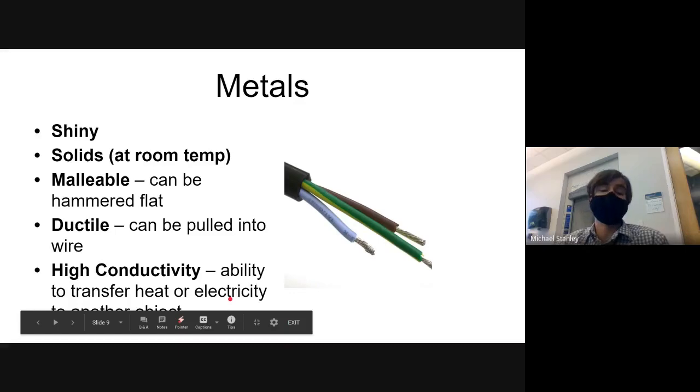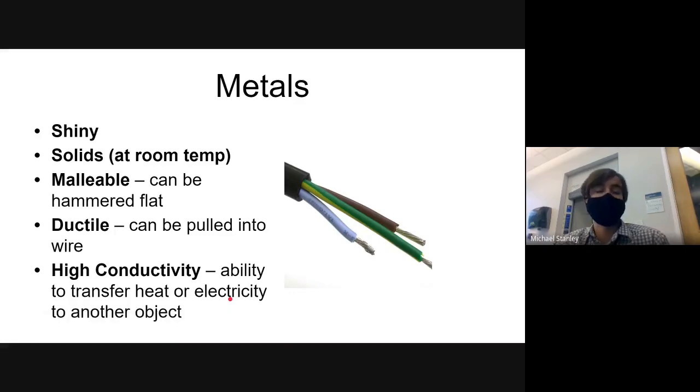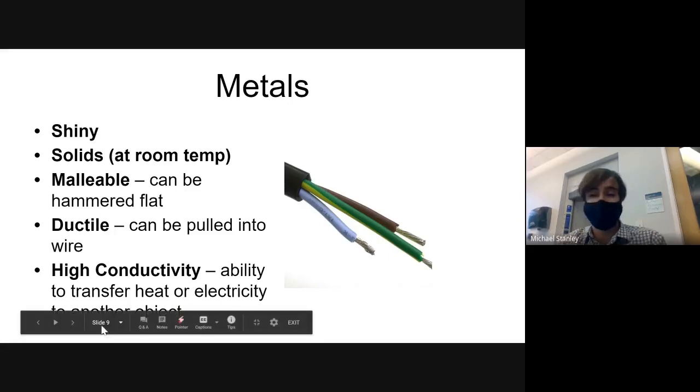Same thing with electricity. It's very easy for electricity to pass from one side of a metal to another. That's why if you ever stick the points of a fork into an outlet, you're going to have a real bad time, because the metal of your fork conducts the electricity through the outlet, and it's going to conduct it right into your body. And that's not good. Do not do that.